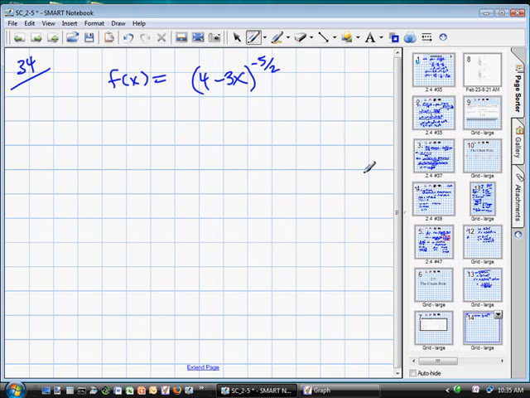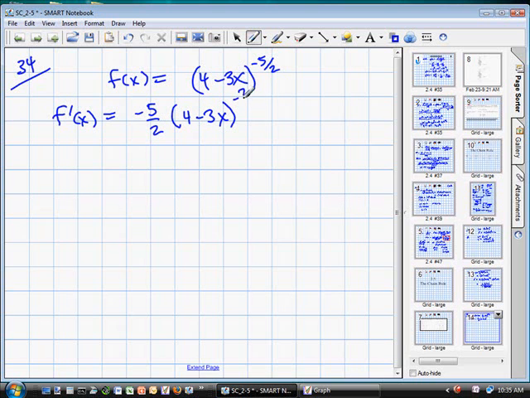That's, I believe, the way it's stated in the book. So when we find the derivative of this, we're going to do the outer function first, and the outer function is something to the negative 5/2 power. So we're going to use the power rule. Reduce the power by 1. What will that cause the power to be?